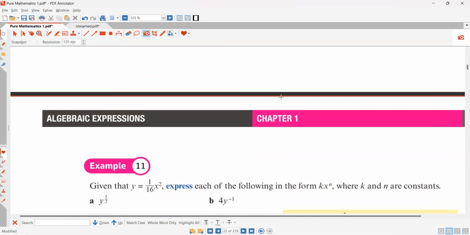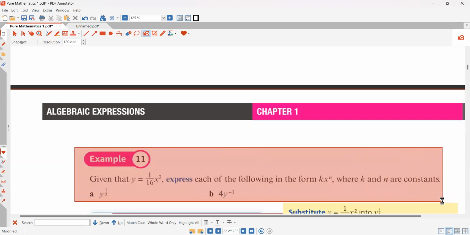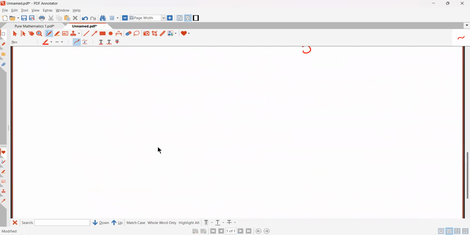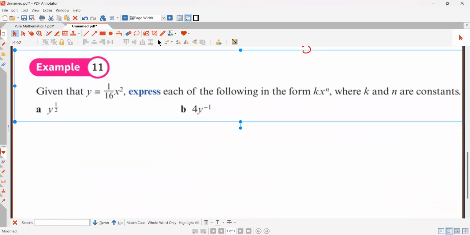I think 3 or 4 years back this question was there in our paper, if I remember it correctly. Yes, these types of questions come in the examination. So let's do example number 11. Everyone focus. Faham, I hope you're understanding. Omar, I hope you're understanding as well.